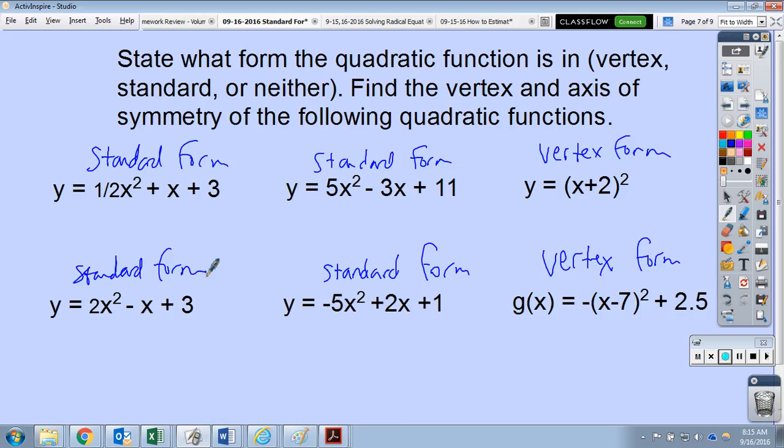Well, for when you graph it. Oh, the y-intercept. Yes, that is correct. This 3 would be the y-intercept for this one, and so would all the other constant terms by themselves in standard form. So the 3, the 11, and the 1. Good. Those would all be the y-intercepts.